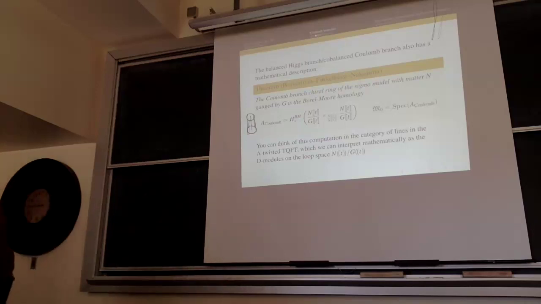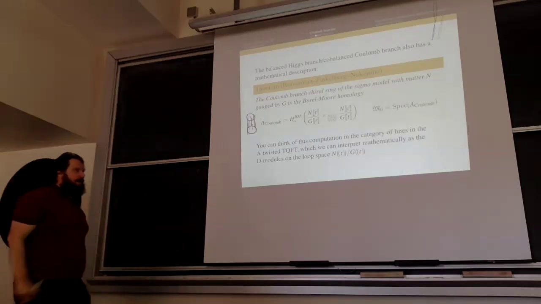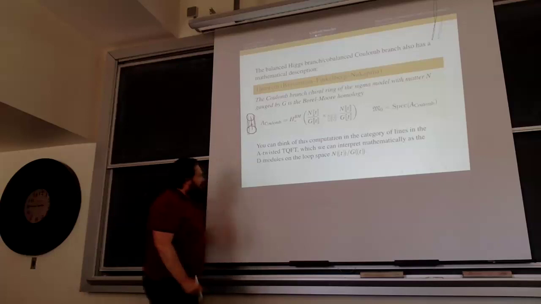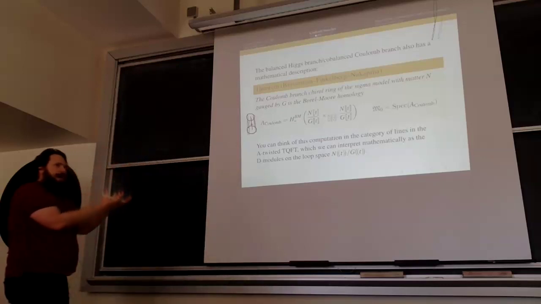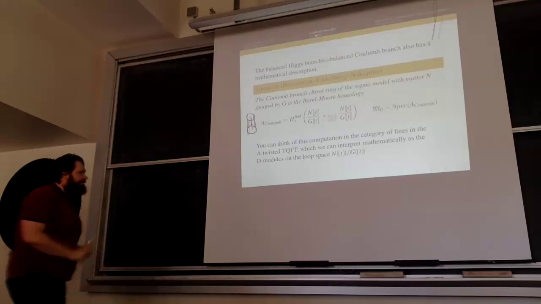Things are locally constant in this direction, but I have some puncture here in the middle such that over the origin, the local constancy doesn't identify these. That's why I get this fiber product: I can look at what's happening on the top of the cylinder and on the bottom, and things have to be constant along the outside of the cylinder, but not at this point in the middle.